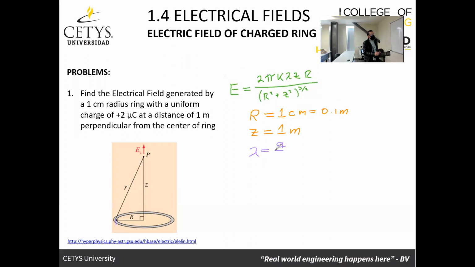So it's going to be the charge divided by the length. In this case, what would we use to find lambda? The charge of 2 microcoulombs. The charge is 2 microcoulombs. That's given directly. So in this case, Q is 2 microcoulombs. That's given.